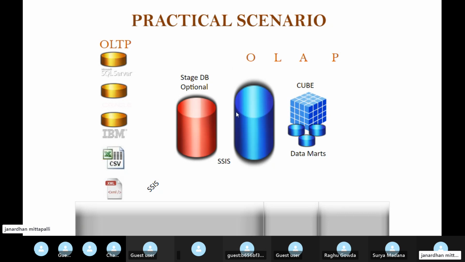If you want to create a separate cube for staff of Apollo, then you can create a separate cube or data mart. Or if you want separate customer details, then you can create customer data marts or customer cubes, like a logical subset of information.